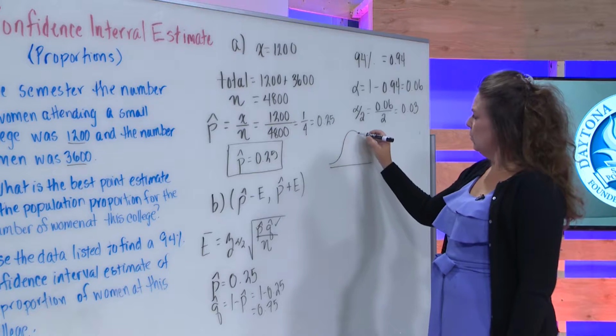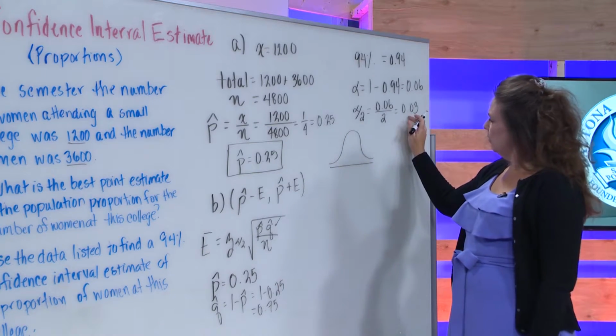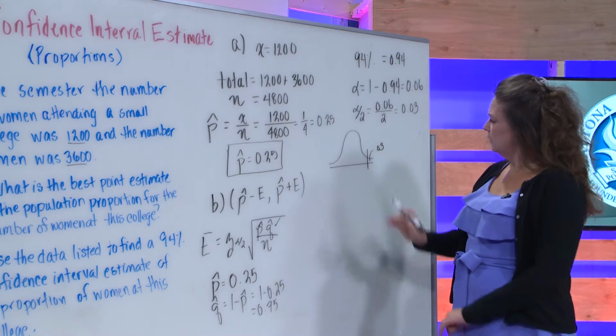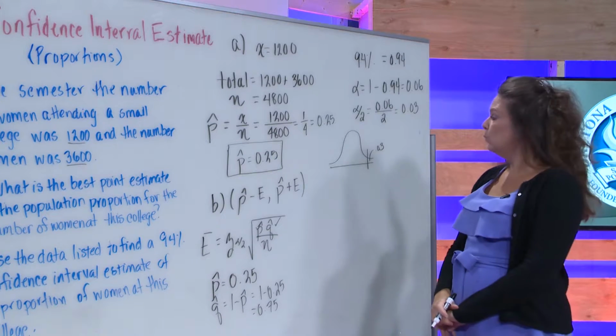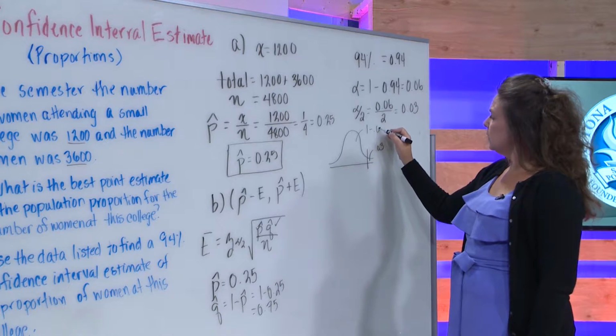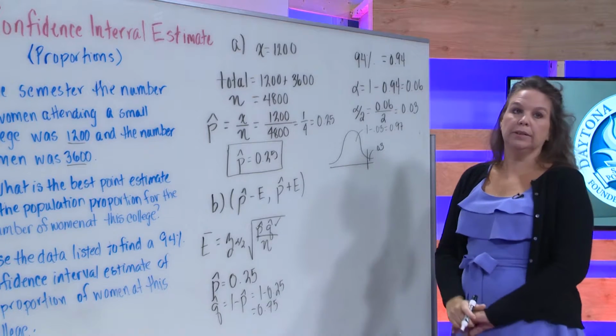Now, this corresponds to an area. We have a normal distribution curve here. The area of 0.03, I'm going to put in this upper tail here. So that area is here. Remember, the total area under the curve is 1. So this area here is 1 minus 0.03 or 0.97.